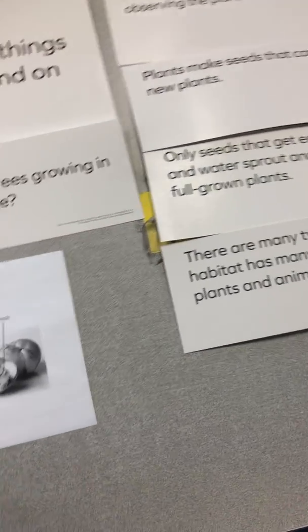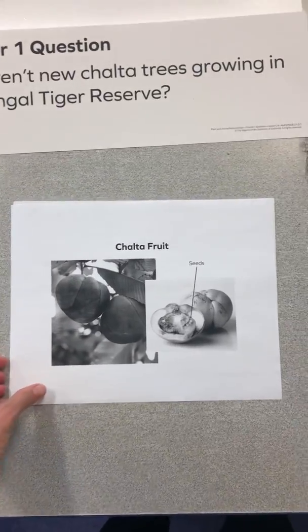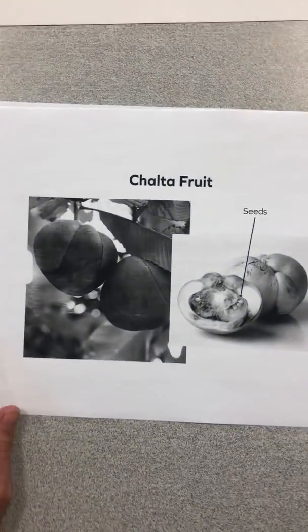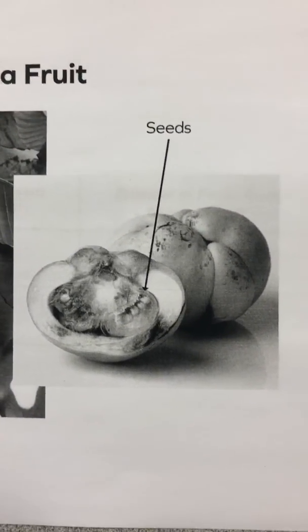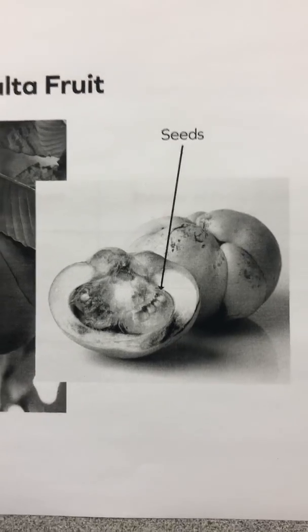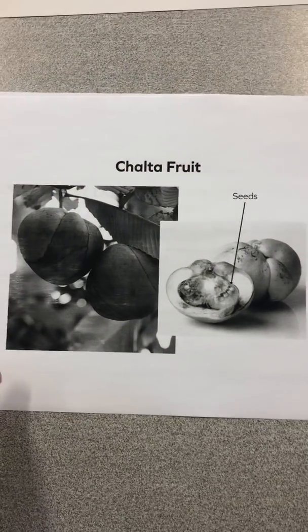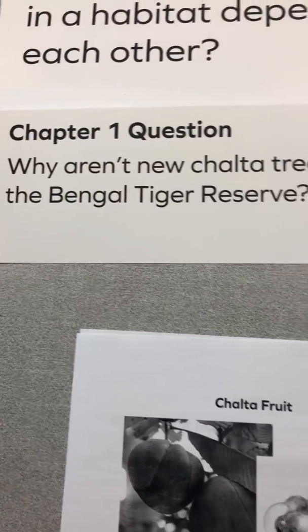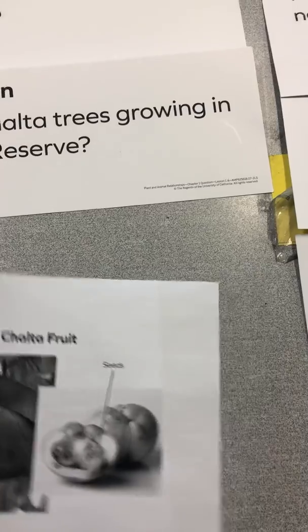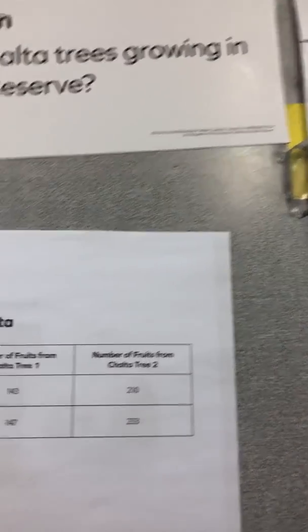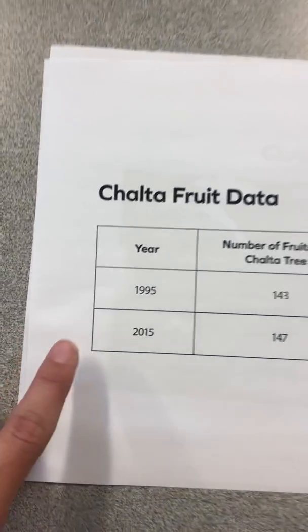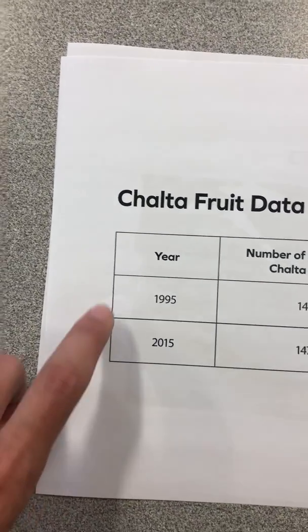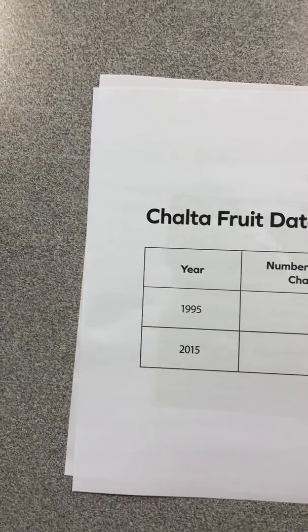Now, we looked at some seeds, and I wanted to just show you what the chalta fruit looks like. And inside of the chalta fruit are their seeds. So one of the hypotheses for why new chalta trees are not growing in the Bengal Tiger Reserve was that perhaps there weren't as many chalta fruits growing in 2015 as in 1995.